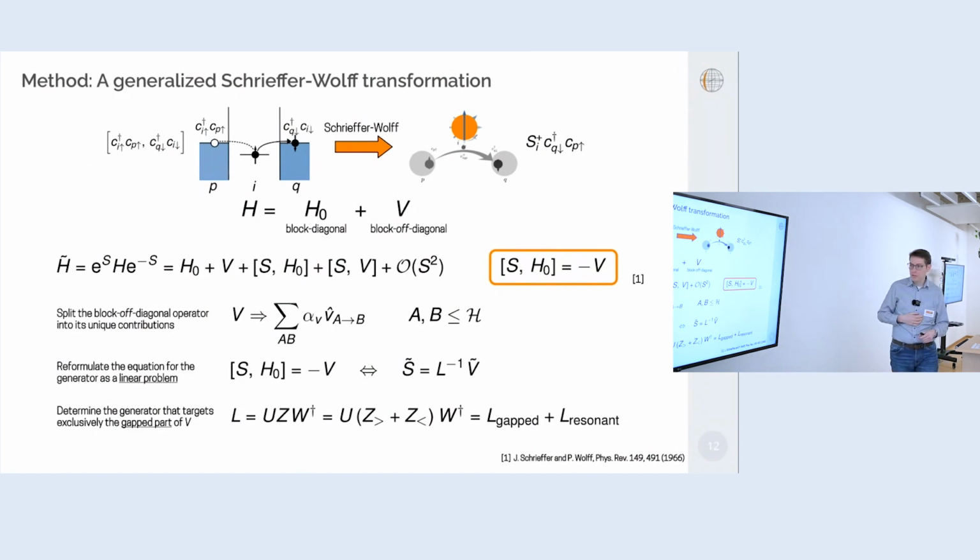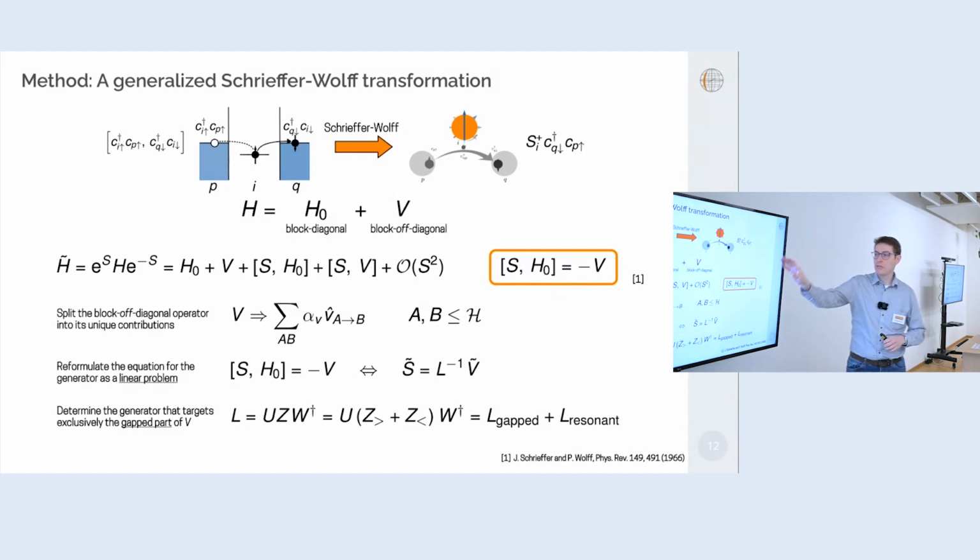So the Schrieffer-Wolff transformation, for those who are not familiar, is basically just a unitary transformation of the Hamiltonian with the aim to make it more block diagonal than it is initially. And that means we take the original Hamiltonian, we identify the part of the Hamiltonian that stays in a specific subspace. So if you look at certain symmetries, in our case, it would be particle number on certain orbitals.